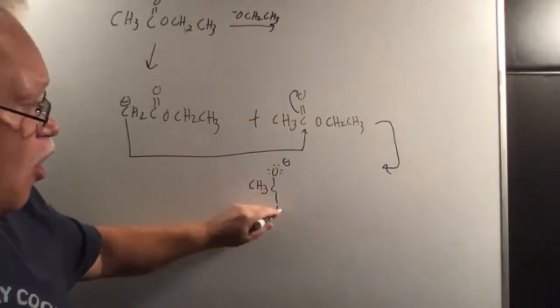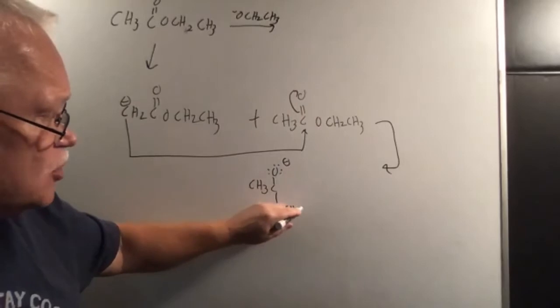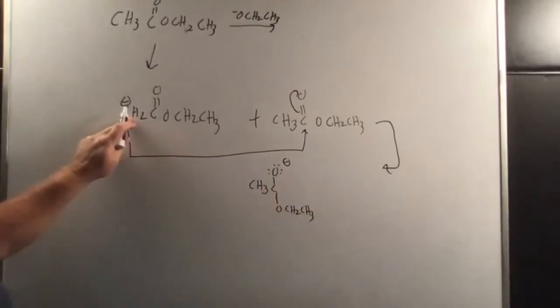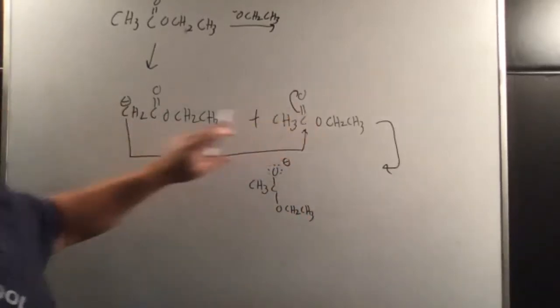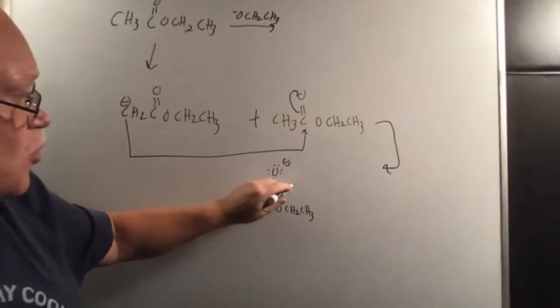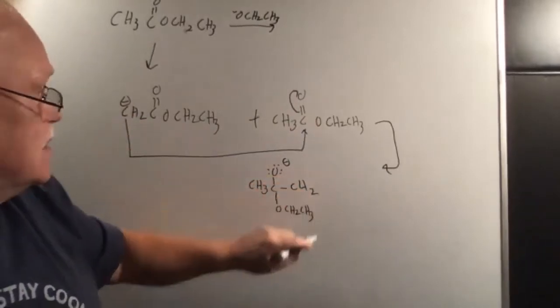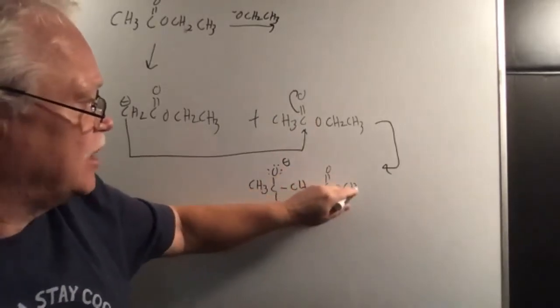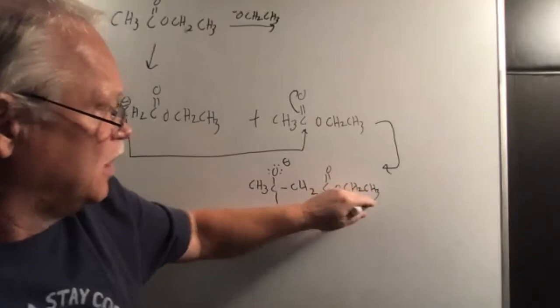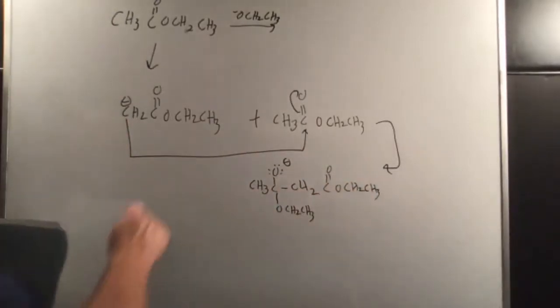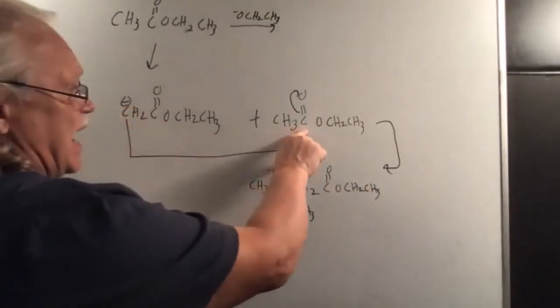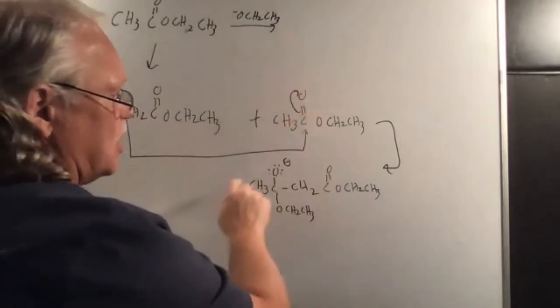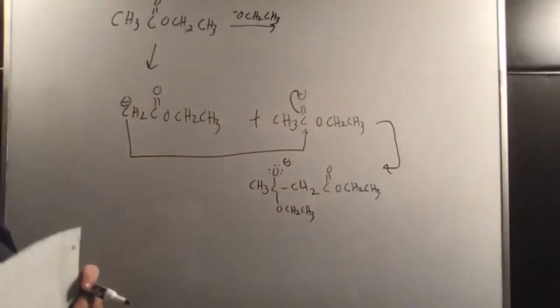We have the OCH2CH3 still attached. Then this carbon is now hooked to this carbon. So I'm going to write the rest of this: CH2, C double bond O, O, CH2, CH3. Does everybody see what I've done? This backside attack kicked the pair of electrons up and I just rewrote the structure.